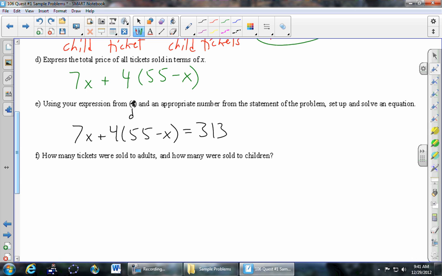All right, now we've done all the setup. It's time to actually solve the equation. So let's solve this equation here. First, we'll distribute. Then we'll combine terms on the left-hand side.